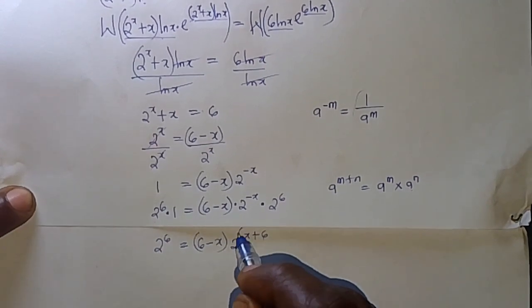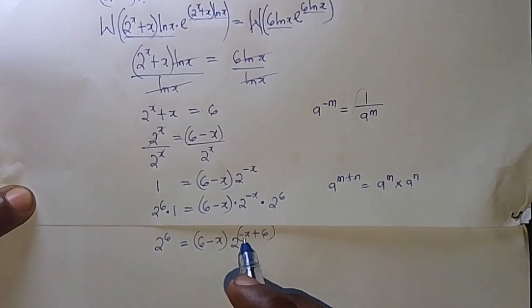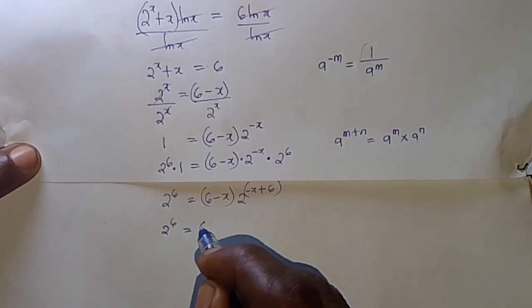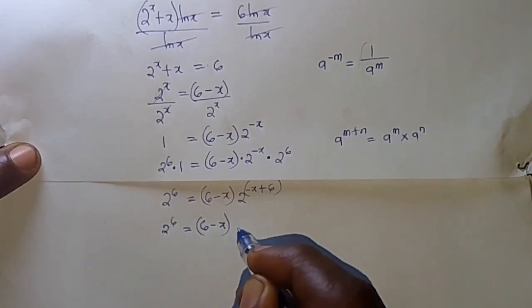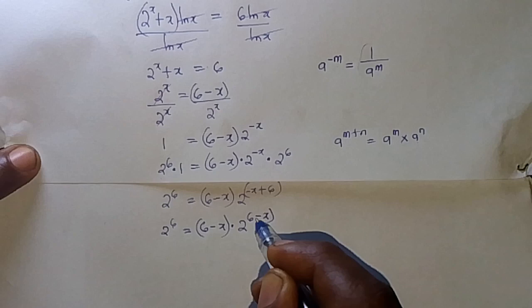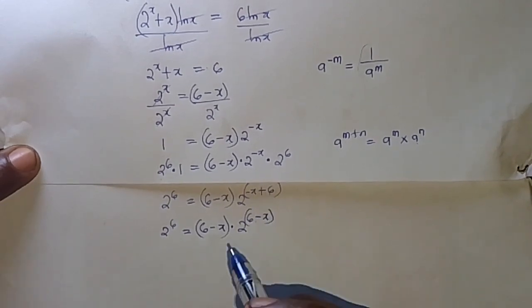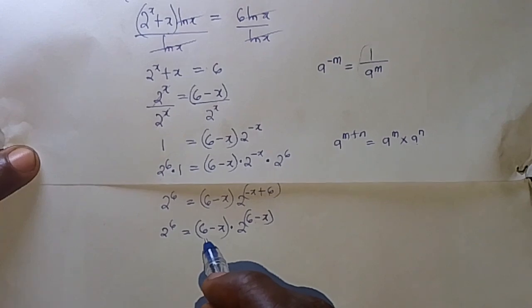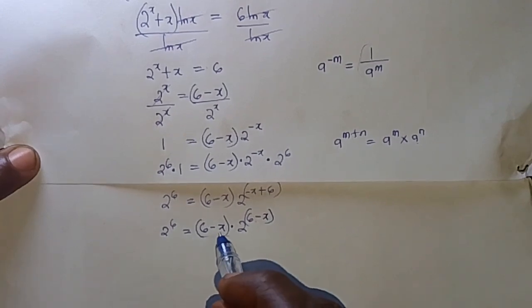So we can further simplify to 2 to the power of 6 equals (6 minus x) multiplied by 2 to the power of 6 minus x. So now the exponent of 2 is the same thing as the whole of this, which is 6 minus x.